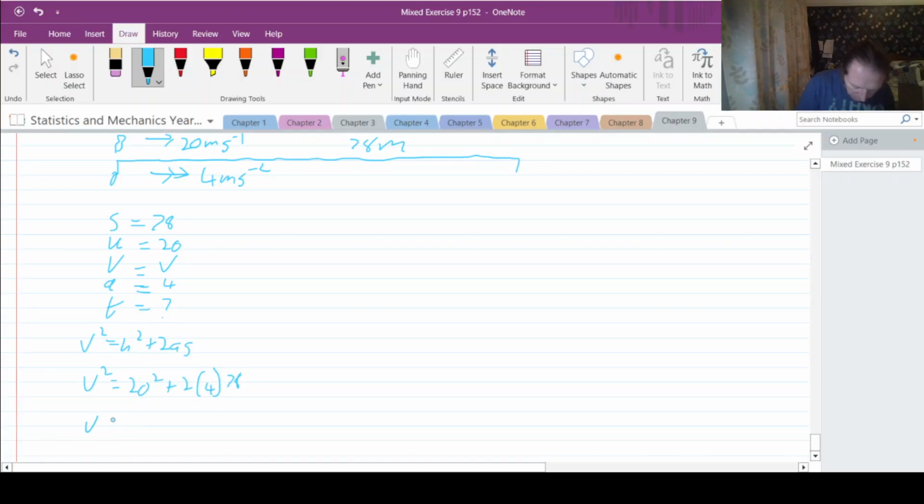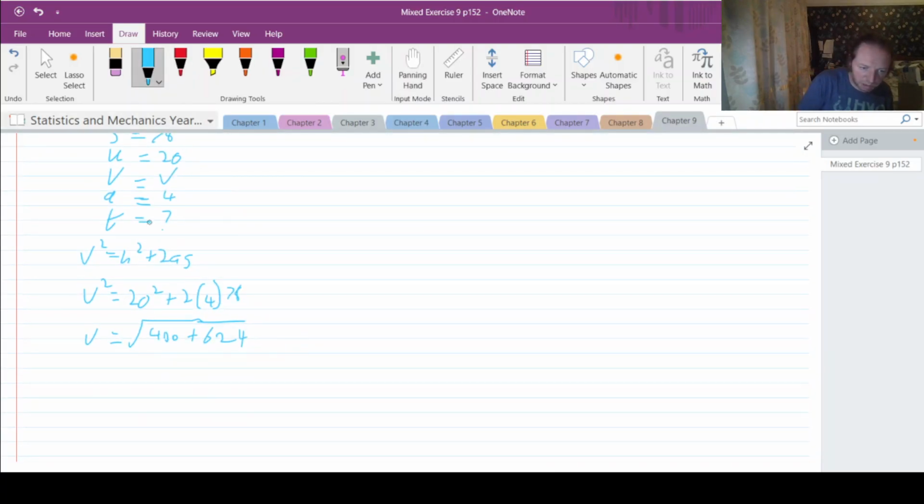Okay, v is going to be the square root of 400 plus 78 times 4 times 2, 624, plus the 400, 1024. No, 624 it was. I'm doing too many of these. My head was already working into the thousands and seeing the square root.